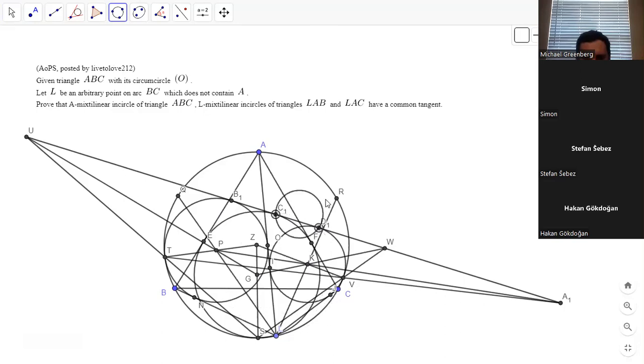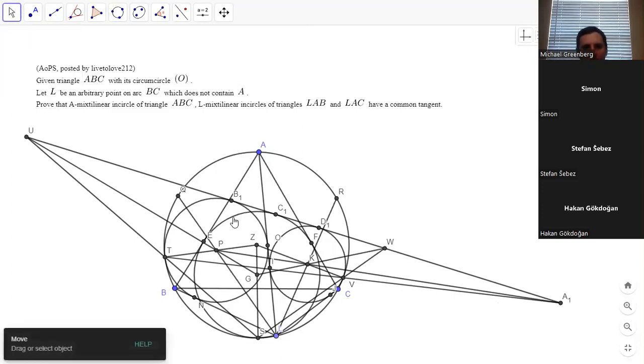Maybe we should try to simplify our diagram. Like I thought about deleting A1, and U and W should stay. And we only want to prove actually that UW is tangent to the biggest mixtilinear circle of ABC. So this one.